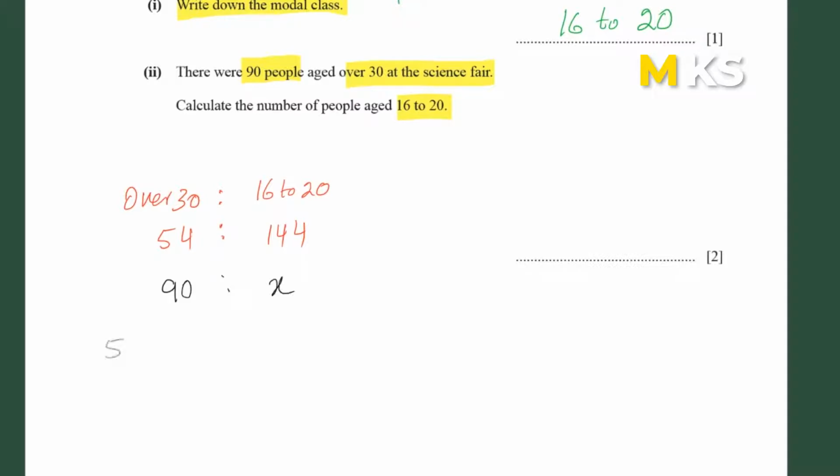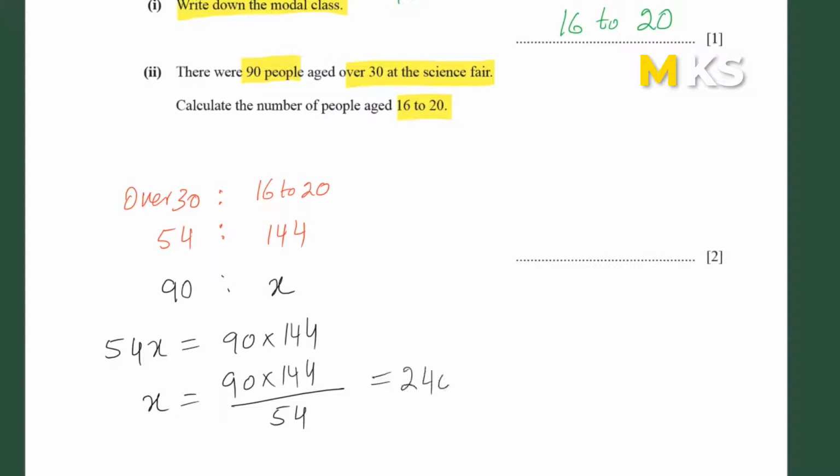Cross multiply, direct proportion. 54x is equal to 90 times 144. So x is equal to 90 times 144 divided by 54. That is 240. So 240 will be the answer. This is one way of doing this.